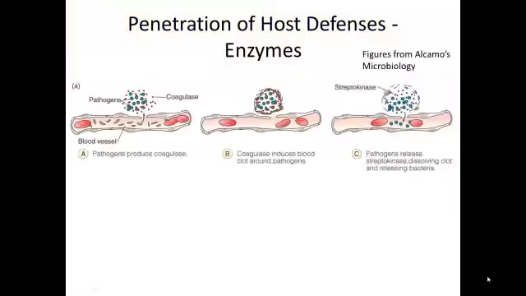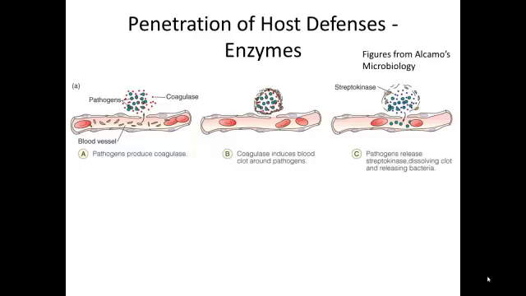Okay, for this next section, enzymes, I'm going to present this as a little story so that you can see why a pathogen would make these different enzymes. Okay, so say I've cut myself and I have a pathogen that has entered into the deeper portions of my skin. Well, the surrounding cells are going to release warnings saying that, okay, there's been a breach of the defenses, i.e. skin, and we probably have pathogens.